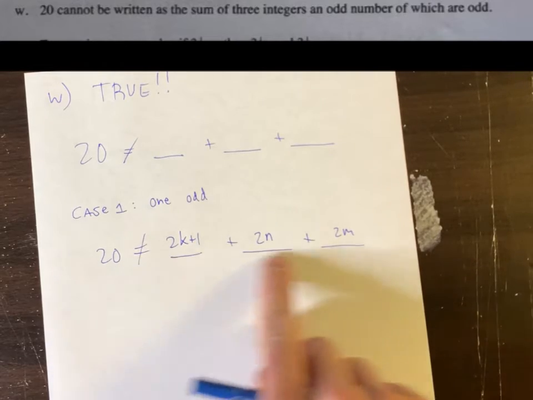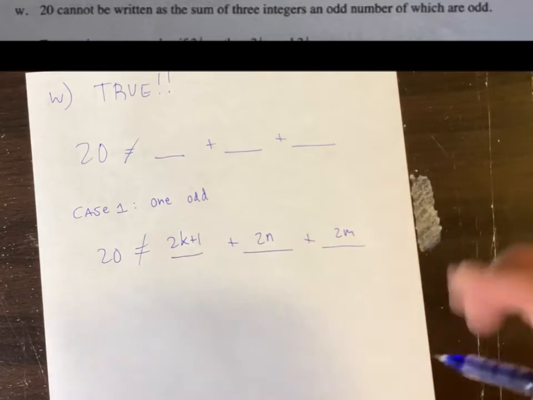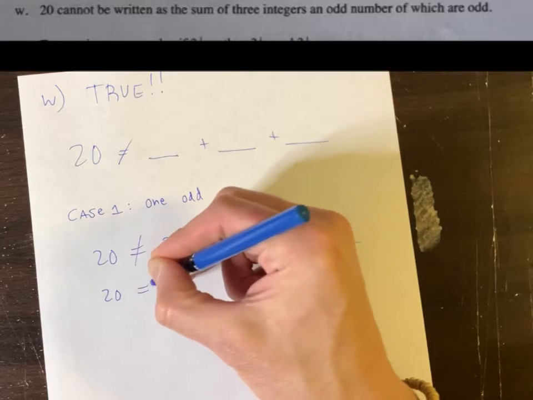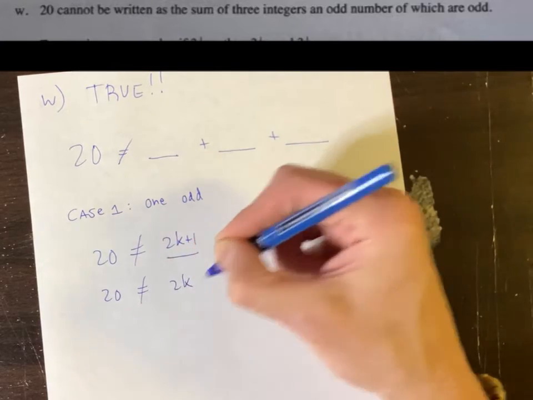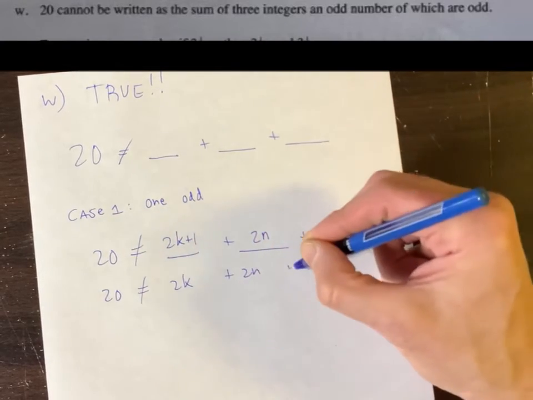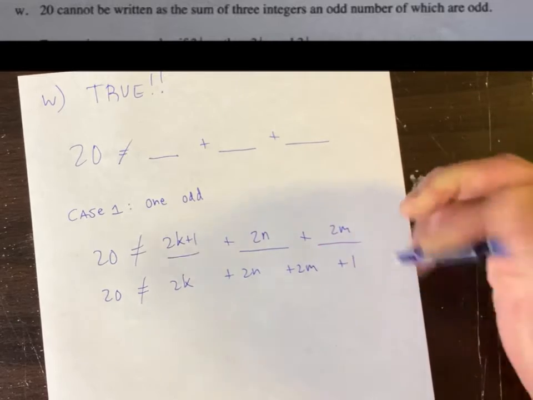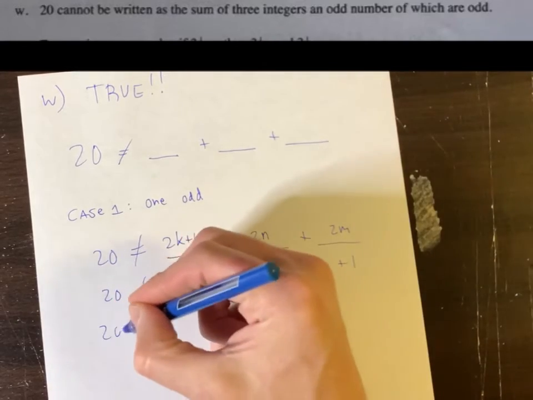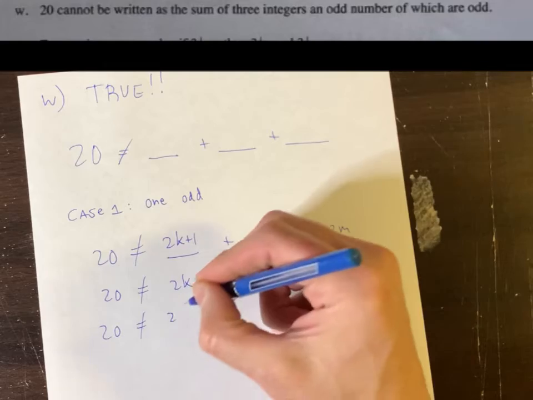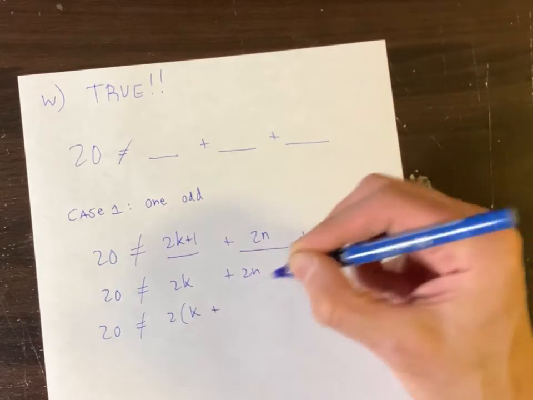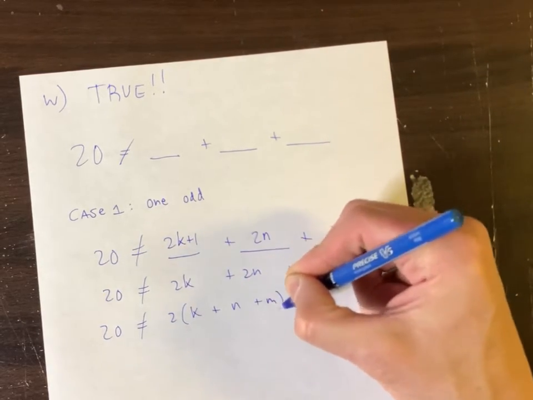So this is a true statement. 20 cannot equal 2k plus 2n plus 2m plus 1. I'm going to put the 1 in the back, so 20 cannot equal 2 times k plus n plus m, plus 1.